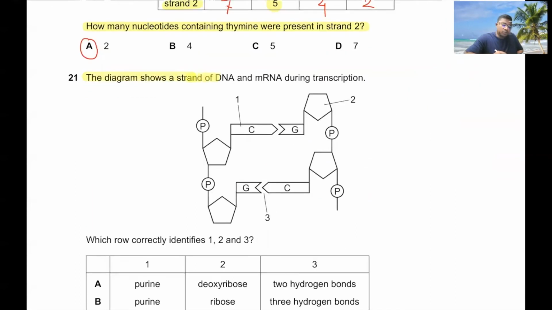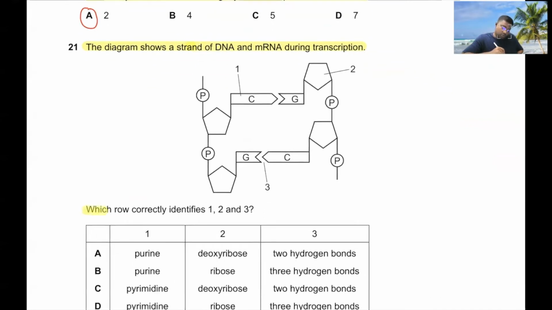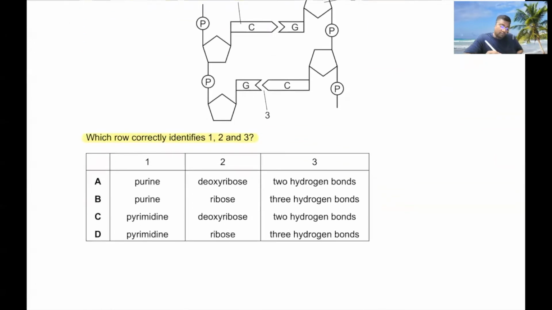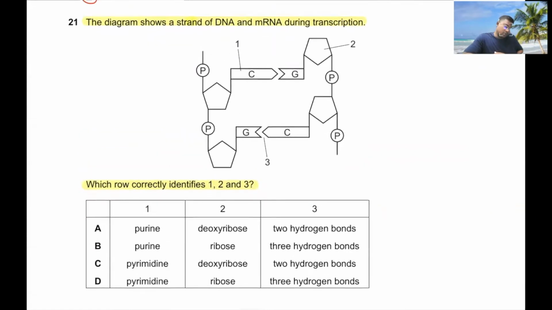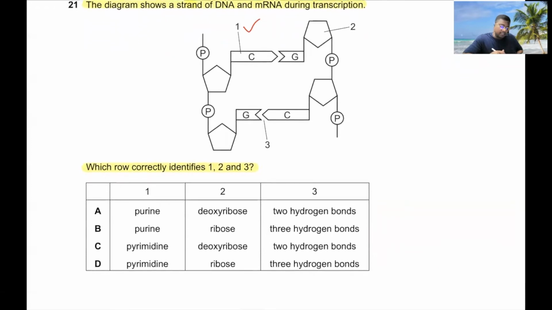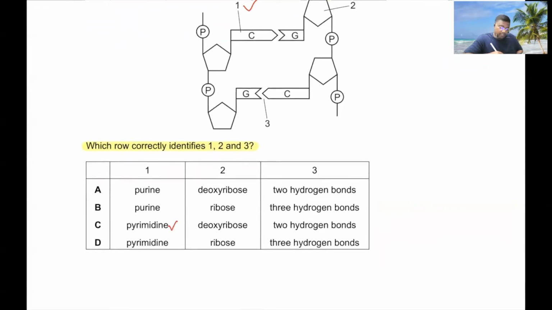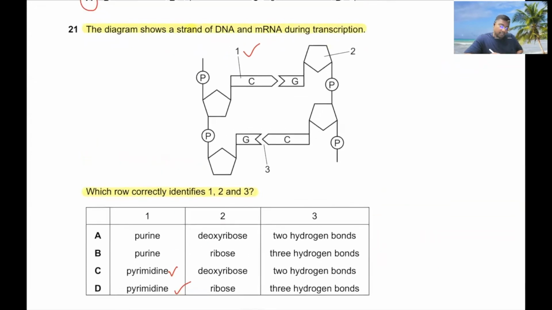Question number 21. The diagram shows a strand of DNA and mRNA during transcription. Which row correctly identifies 1, 2, 3? First of all, number 1 is cytosine. Cytosine is a pyrimidine. And we can see this is between DNA and mRNA.